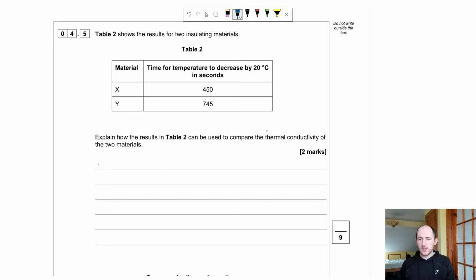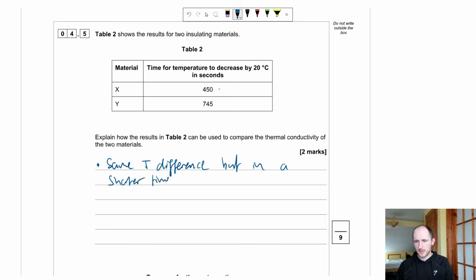So how can we use the results? Well, depending on how you want to write this, the way I'll probably write this is, because it's the same temperature difference, but in a shorter time, means X has a higher thermal conductivity.